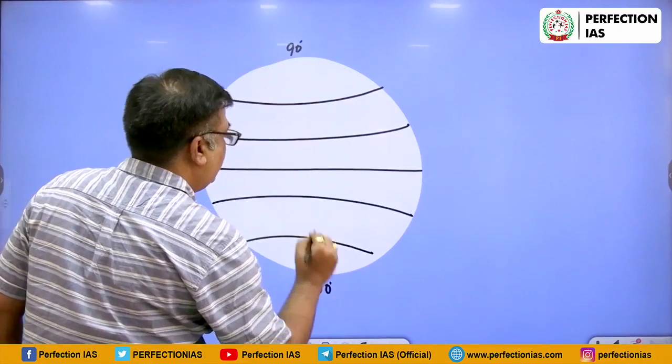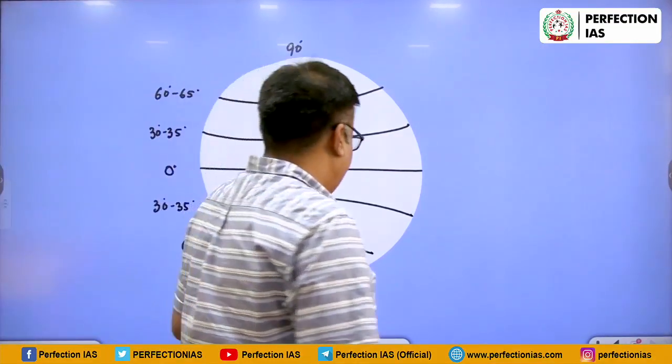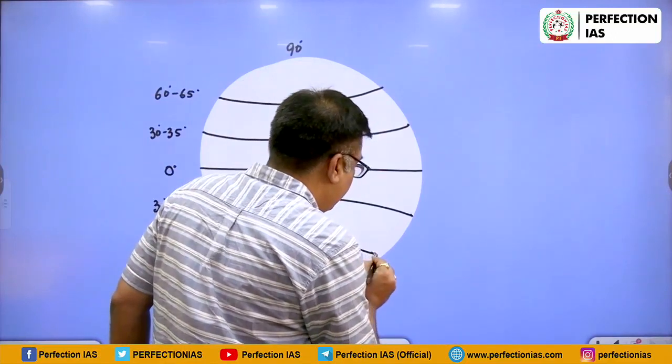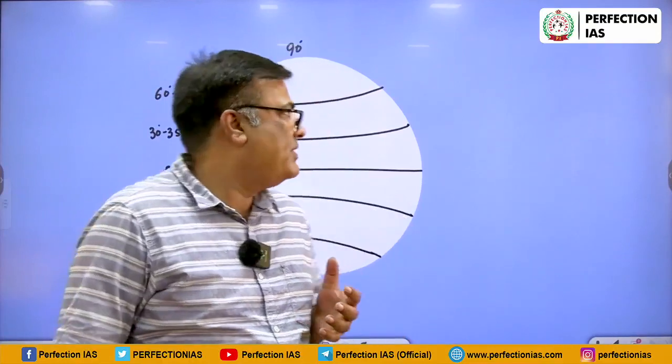And this is 90 degree. On this globe, how are these permanent winds blowing?